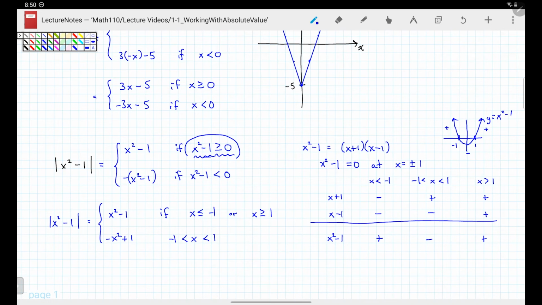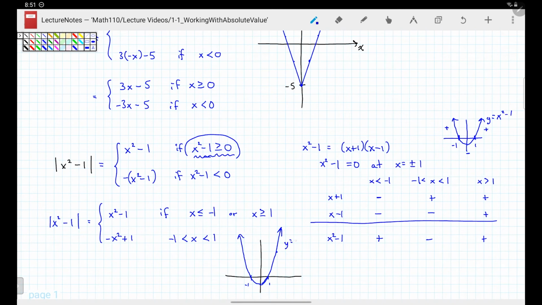Now, if we graph those pieces, x squared minus 1 looks like this. I'm going to take that x squared function.